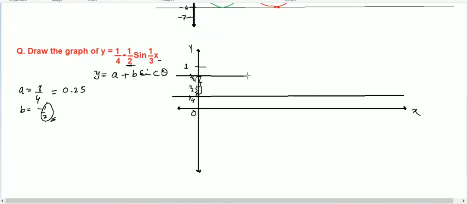So draw a thin line here to draw the graph. Then we have to go half below as well. So this is 1 over 4, and then we have to take 1 over 4 again to take half distance. So this is minus 1 over 4. So our minimum line will be here.